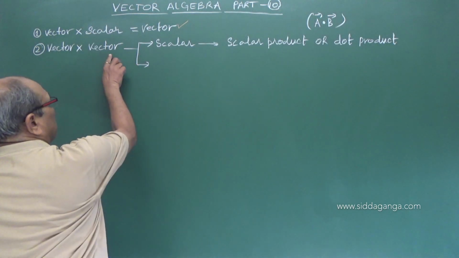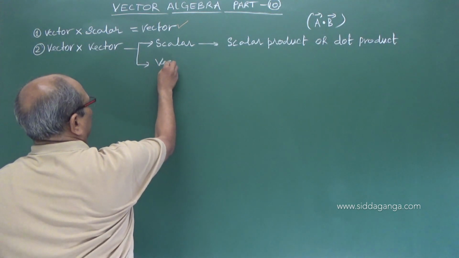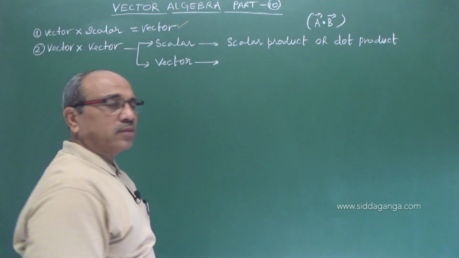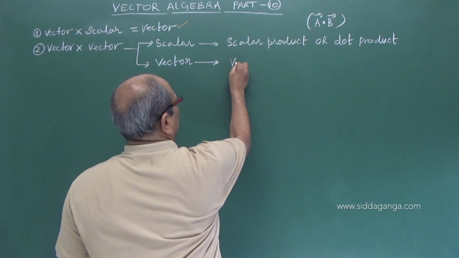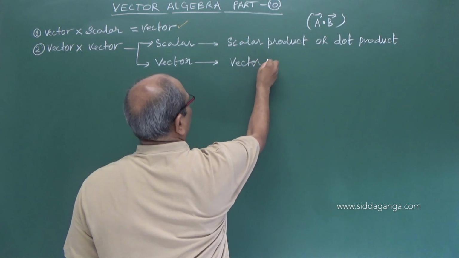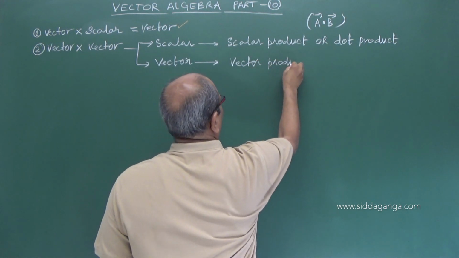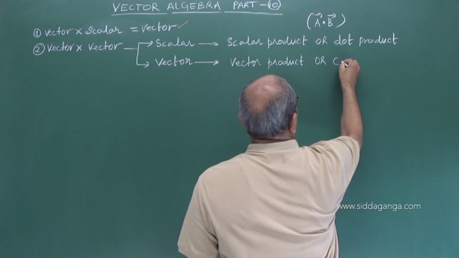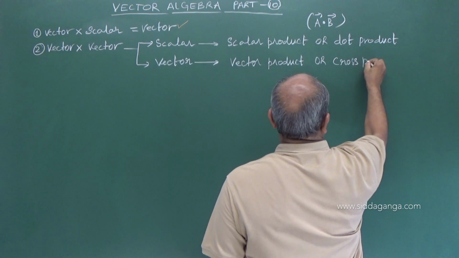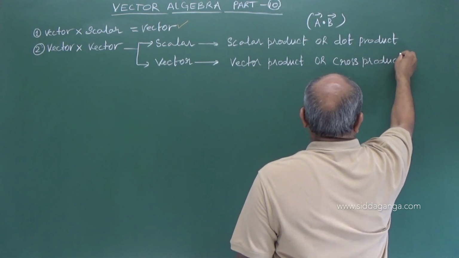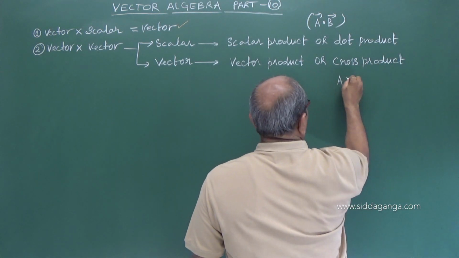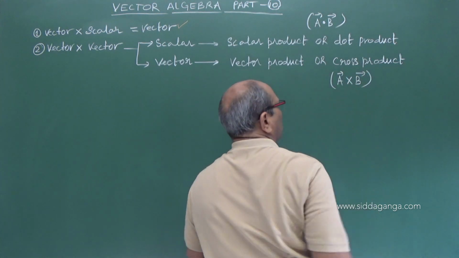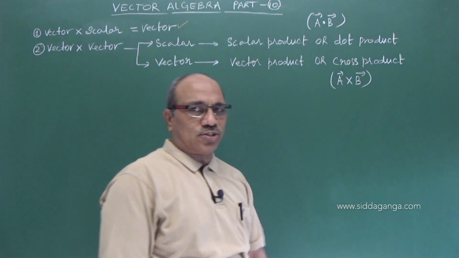Or a vector multiplied by a vector can be a vector. In this case, it is a vector product, or called a cross product of two vectors. Here vector A multiplied by vector B is not your arithmetic notation, it is a cross.